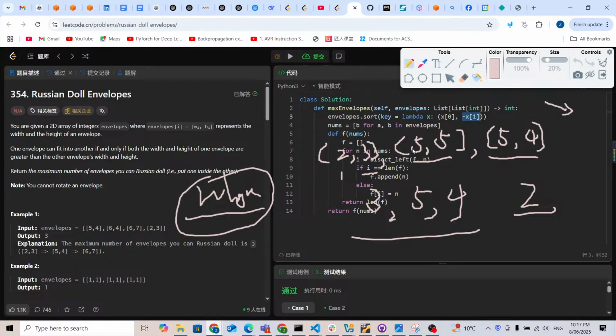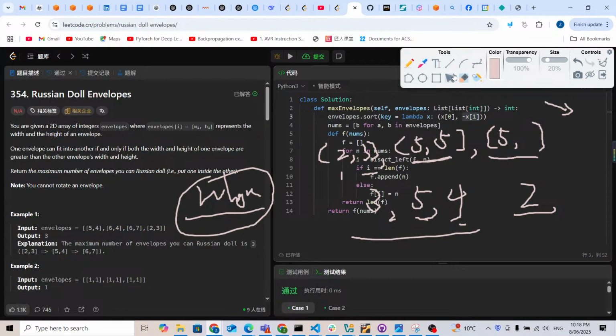Because I'm looking for the longest increasing subsequence, but these 5 and 5 are equal. But for the second number, it might not be equal. For example, this is 5 and this is 4. So this is okay. Definitely, it can never be increasing, because it is sorted in decreasing order, even if it is the same number.